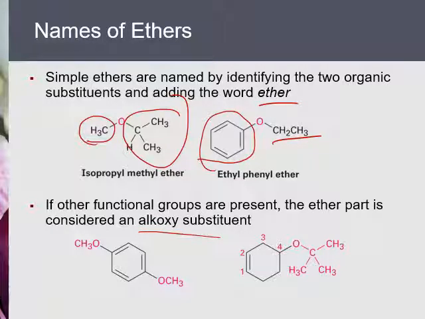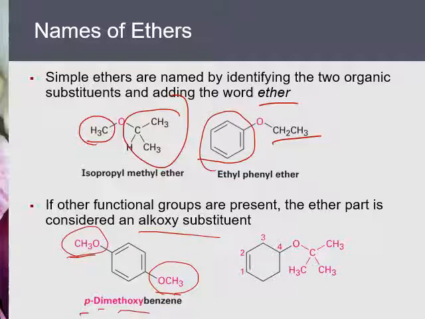For example, the first one has two ether parts on a benzene. In this case, it's called dimethoxybenzene. So the ether part now becomes a substituent called methoxy.